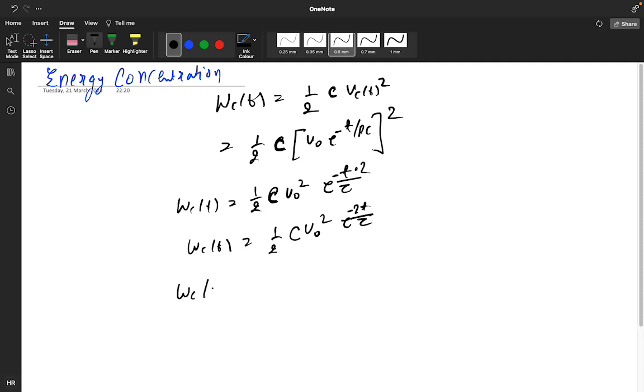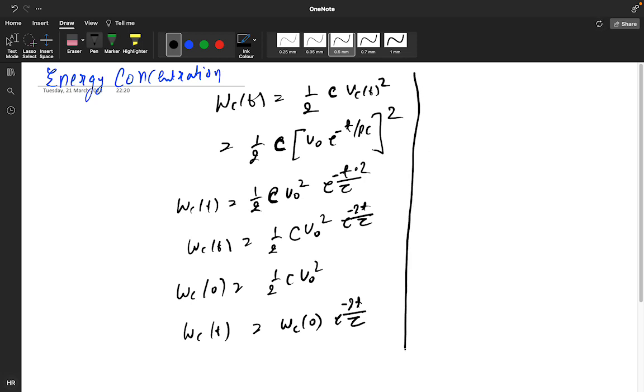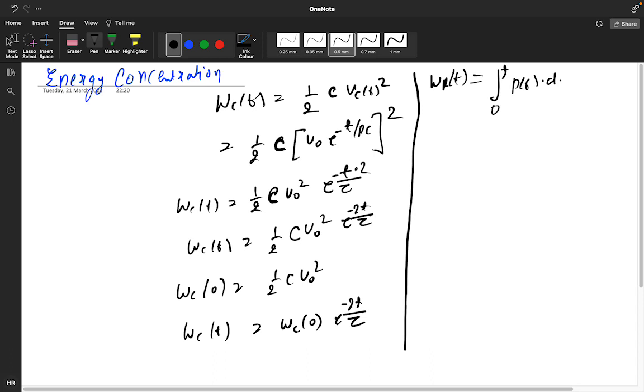And if you put the value of t as 0, you will get half C V naught square. So this can be written as Wc of 0 e power minus 2t by tau. And what about the energy dissipated in the resistor? I'm saying the wrong word, store. The resistor will not store energy, it dissipates. So the formula for the energy dissipated in the resistor is the integral from 0 to t of p of t dt.